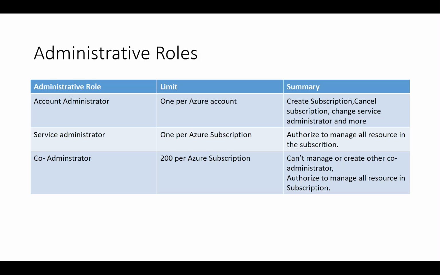You can understand it by an example. Suppose we have a company, Predictive, and in Predictive we have created an Azure account. So we have an account administrator whose username is predictive. If Predictive has three different projects which they want to host on the Azure portal, they can create three different subscriptions if they want different billing for them.